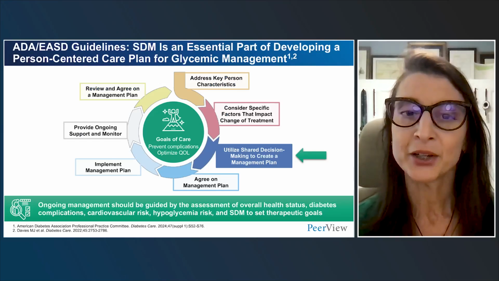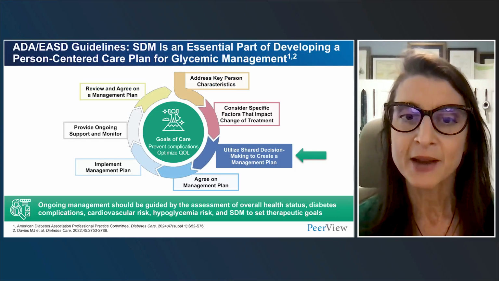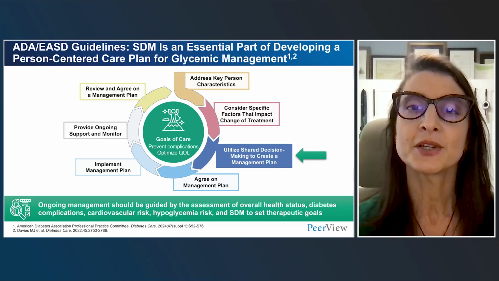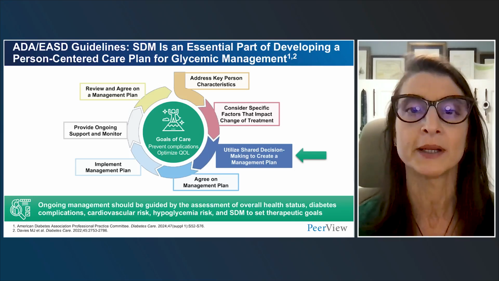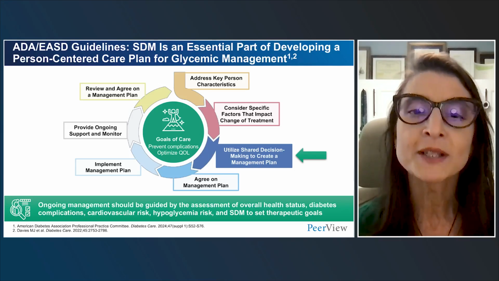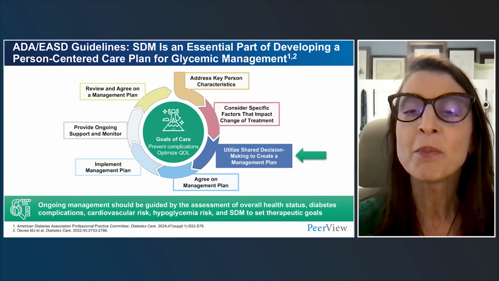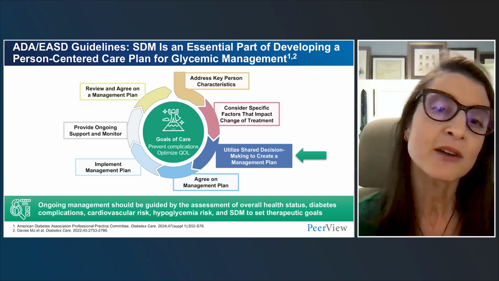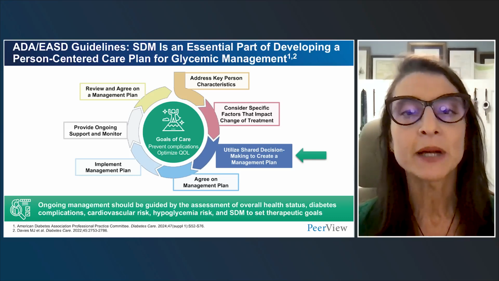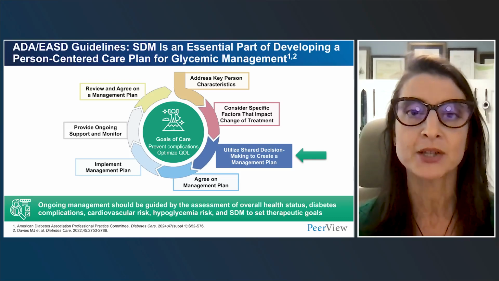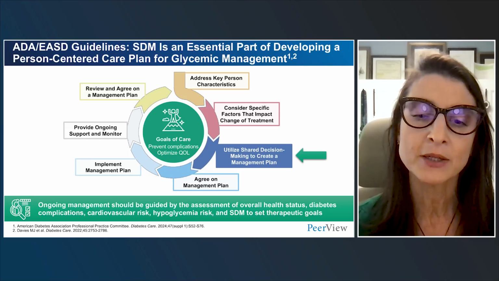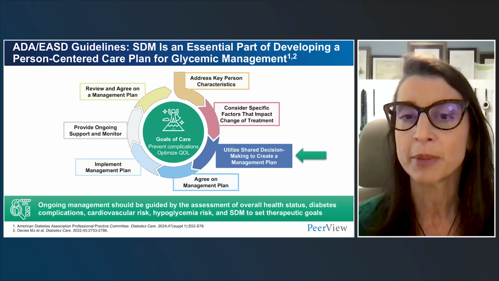So what we're looking at here on this slide are the ADA, or American Diabetes Association, guidelines, that show that shared decision making is an essential part of developing that person-centered care plan that everyone speaks of when we're trying to help manage type 2 diabetes and actually any chronic disease that our patients might have. As you can see, it goes around in a circle, and it starts with addressing the patient's key characteristics, thinking about specific factors that might impact your decision as to what treatment the patient may need.